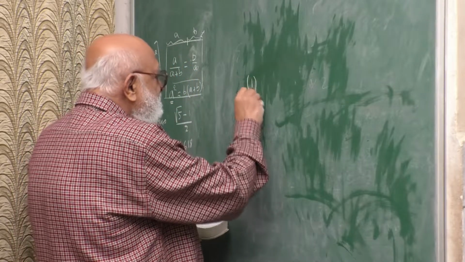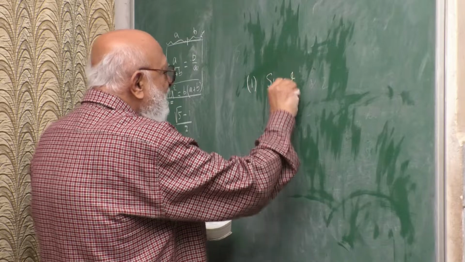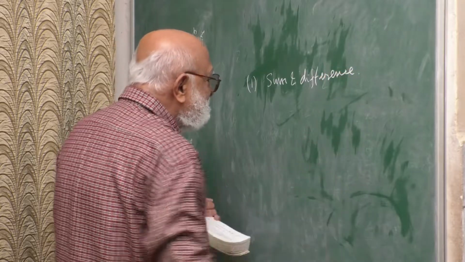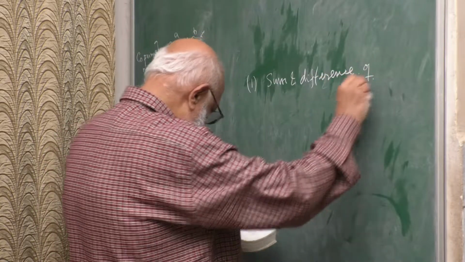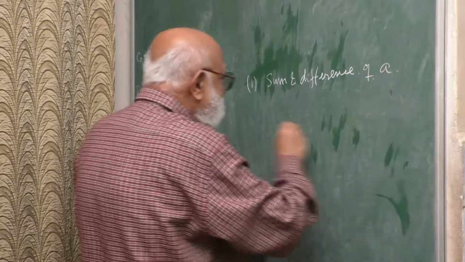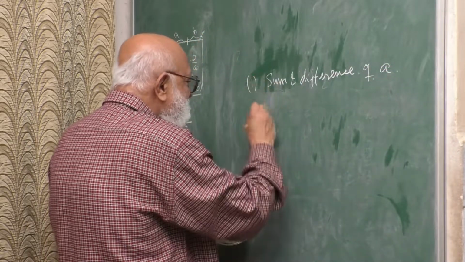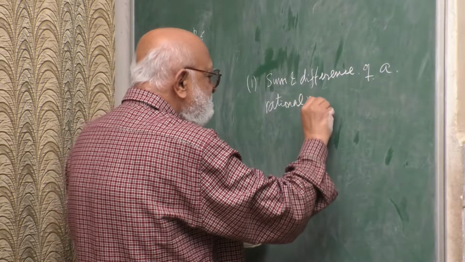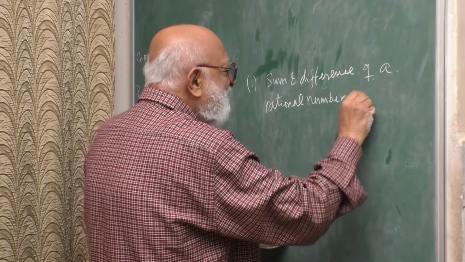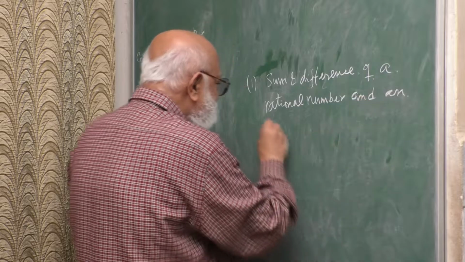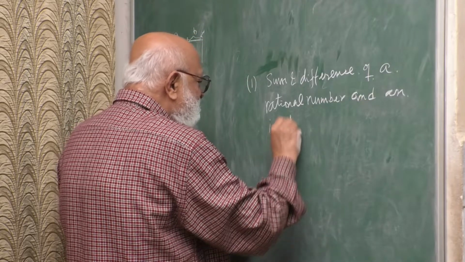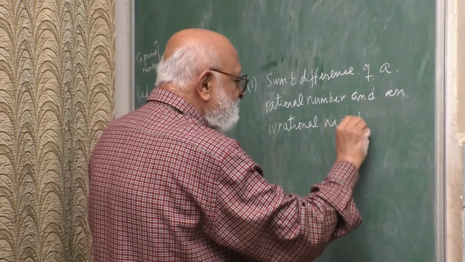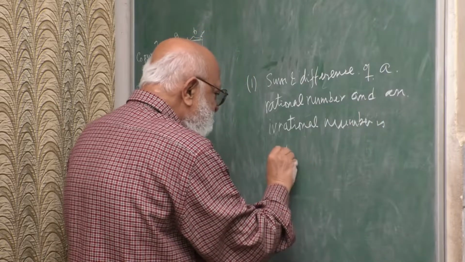So number 1, sum and difference. I have already explained what the sum and difference mean, of a rational number and an irrational number is irrational.